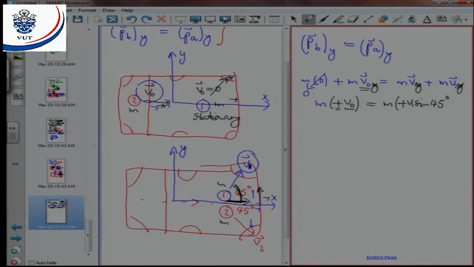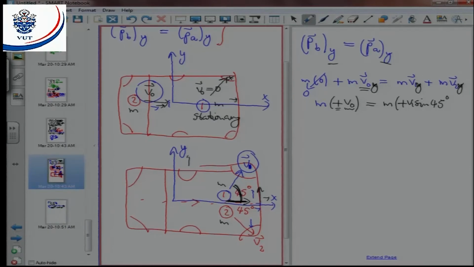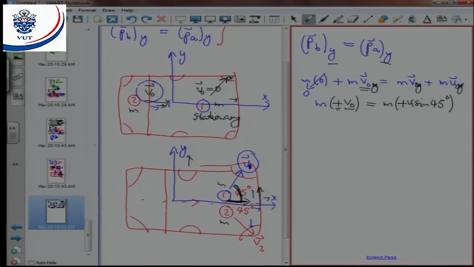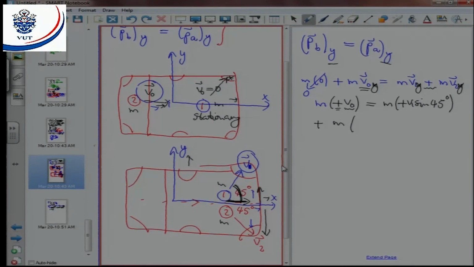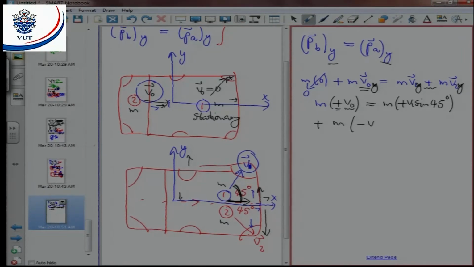Just make sure we are looking at the y conservation of momentum component. So for ball 1 it's going up, and we said up is positive for y, so that's why I have a plus there. Then I've got the mass of the white ball multiplied by, now the y component is pointed down, which is opposite the positive, so that's negative v2, and it's also sine 45.